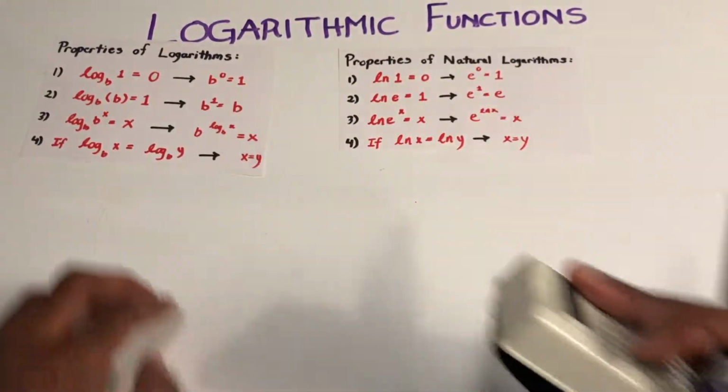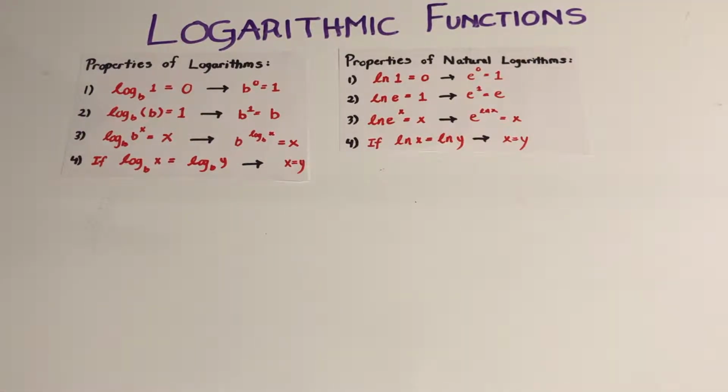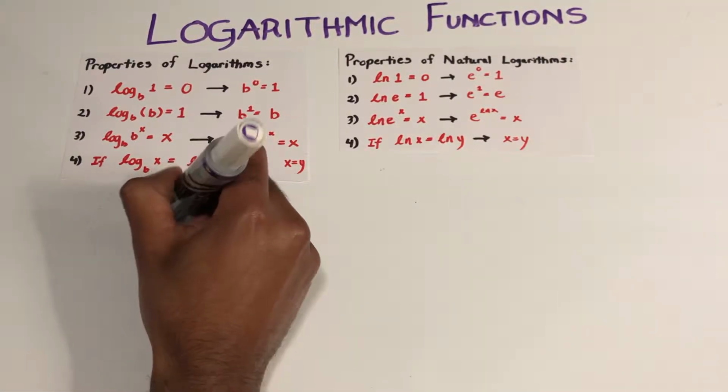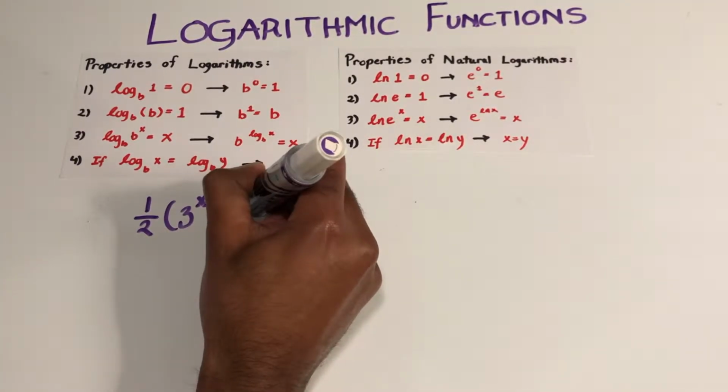Now let's do a slightly more difficult problem here. We have half times 3 to the power of x equals 22.